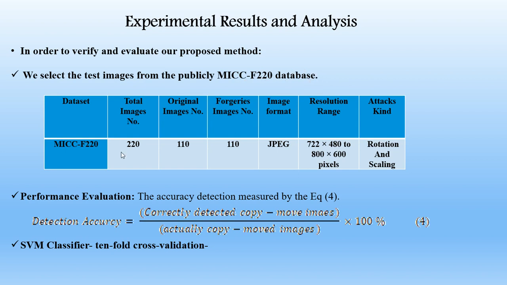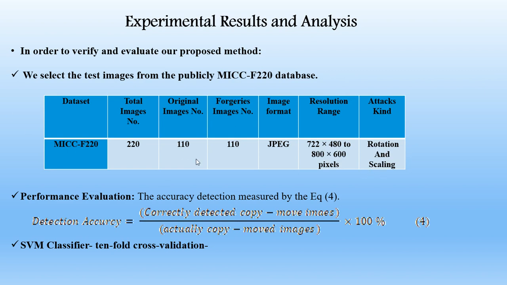For details of this database, the total number of images is 220, with 110 original and 110 forged. The image format is JPG, and the resolution varies from 722 up to 800 multiplied by 600. The attack kinds are only two operations, rotation and scaling.